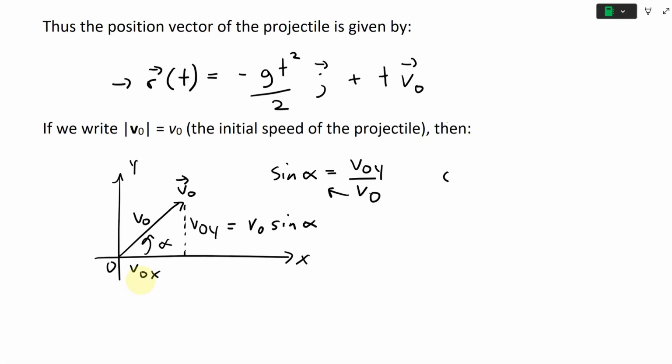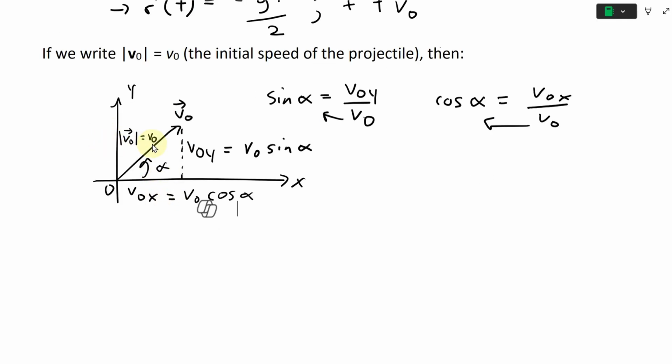Likewise, cosine of alpha is equal to adjacent over hypotenuse, so v naught x over v naught. Move this over to the other side, and v naught x equals v naught, just the magnitude of that initial velocity, times cosine alpha.